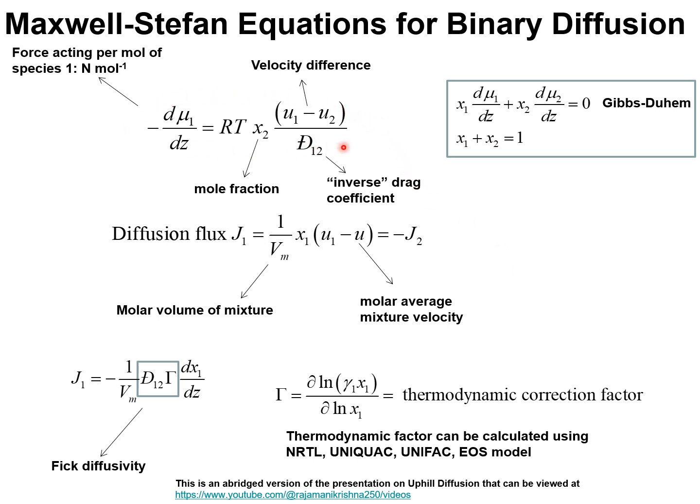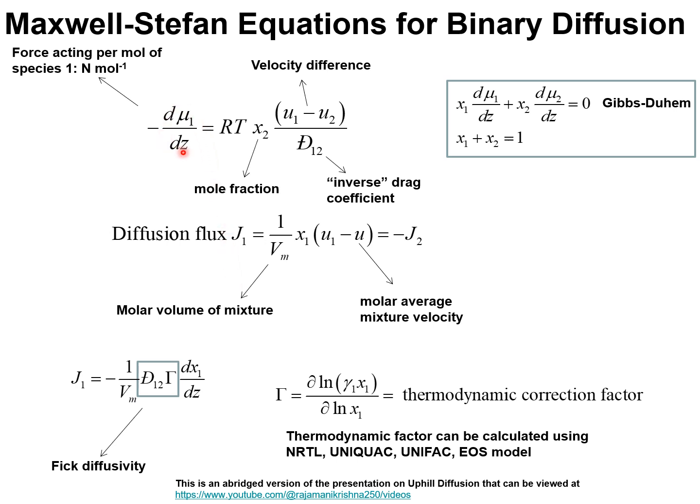The Maxwell-Stefan equation can be reformulated in terms of the diffusion flux, which is defined as the flux with respect to the molar average reference velocity. Vm is the molar volume of the mixture.